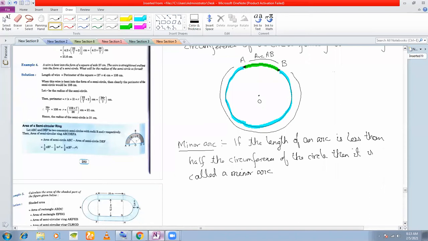Suppose you consider the green one, this green length of the boundary. Clearly this length is less than half of the entire length of this circle, right? So therefore this becomes my minor arc.